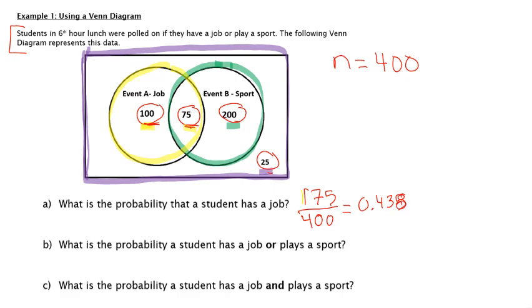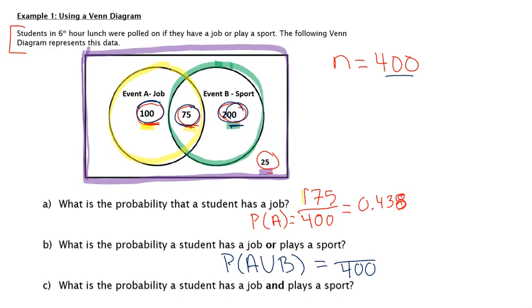For the probability that a student has a job or plays a sport, the first one was looking at the probability of A, essentially. The second one is looking at the probability of A or B, really the union. It can fall into A or B. We're taking this out of 400 because that's the entire amount, and we're looking at the number of students that fell within either circle, so the 100, the 75, and the 200.